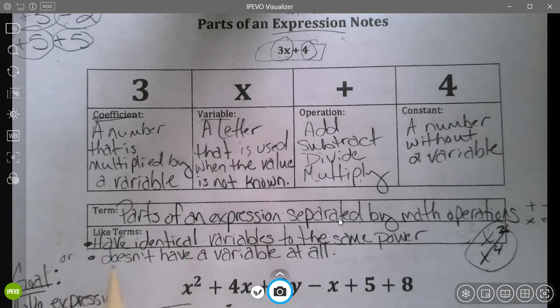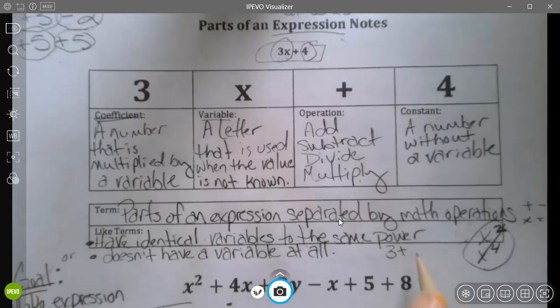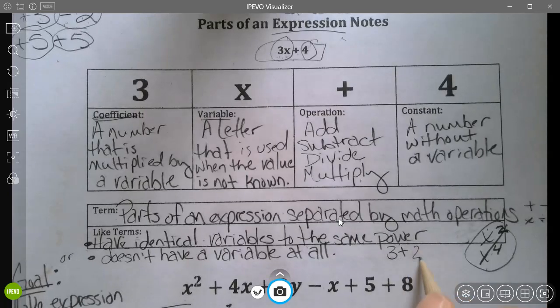And then, or it doesn't have a variable at all. So if I had 3 plus 2x plus 5, well, this doesn't have a variable and this doesn't have a variable. So they would be like terms. I could go ahead and combine them.